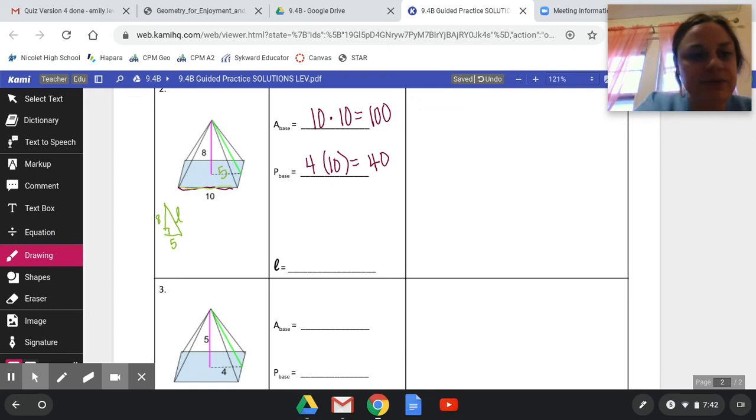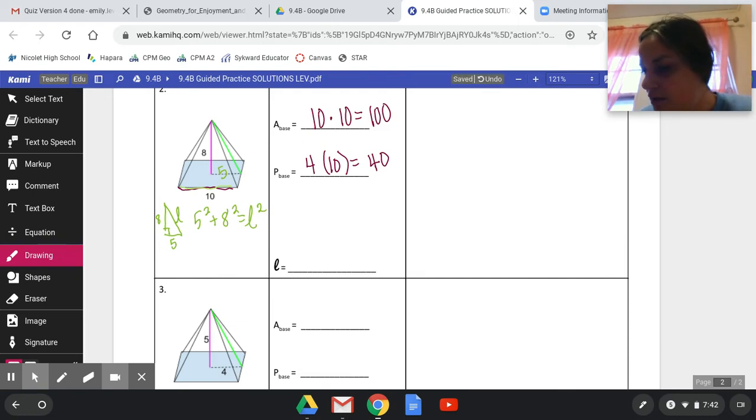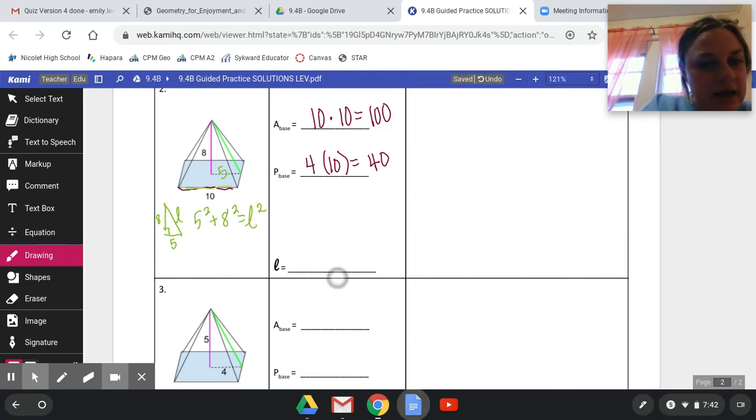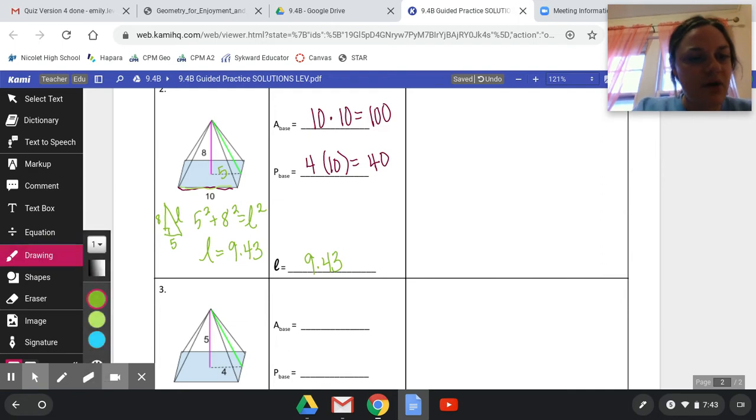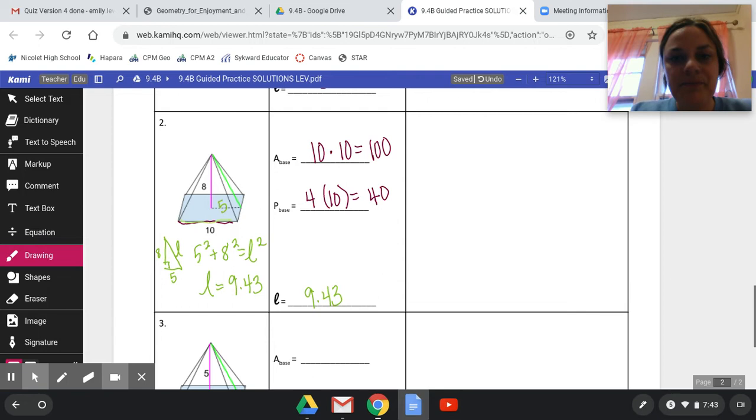Take the square root. And I get my slant height is approximately 9.43. So 9.43 is my slant height. Okay, so now I've just got to fill all of this into my formula.